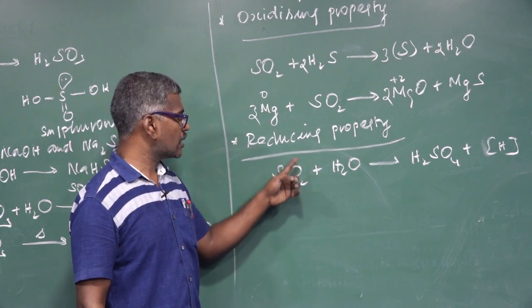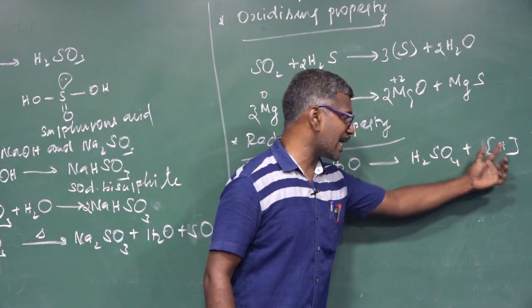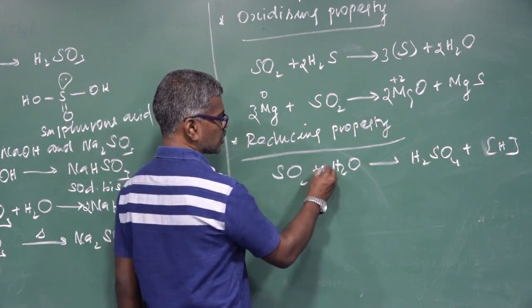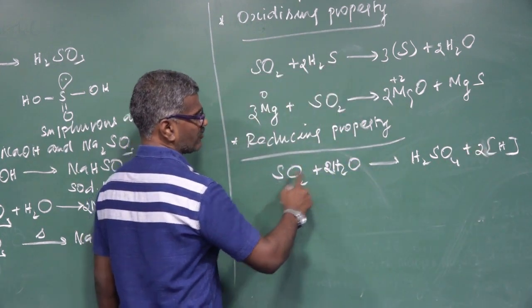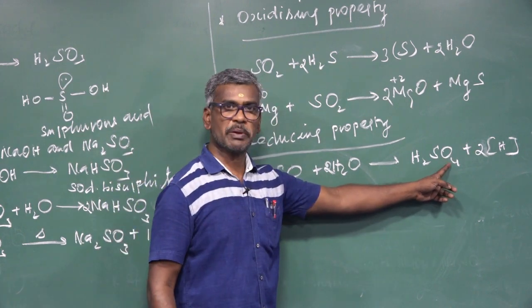SO2 acts as a reducing agent in the presence of moisture to form nascent hydrogen. Here 3 hydrogen, here 2 hydrogen, so 2 times. Here 2 times. Hydrogen is balanced. Sulfur is 1 sulfur. Oxygen is 2. Here 2, so the equation should be balanced.